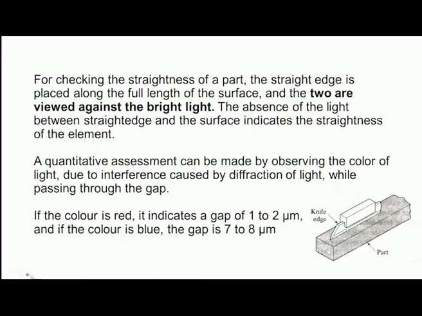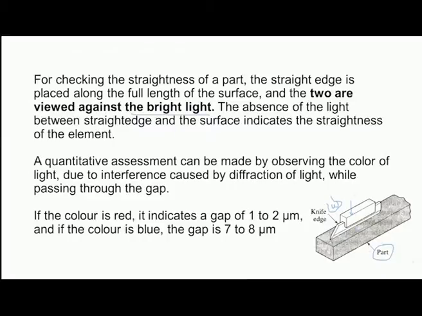Now, for checking the straightness of the components, the straight edge is placed along the full length of the surface, and the two are viewed against a bright light. You can see here, this is the workpiece, and we want to measure whether this top surface is straight or not. In that case, we have to take this straight edge and keep it on the surface, and on the other side we should keep a bright light source.